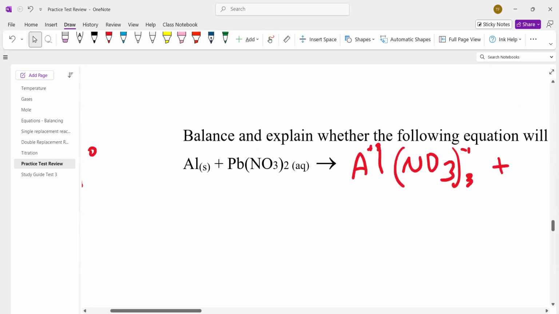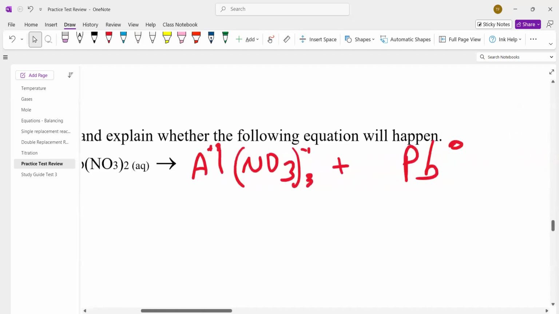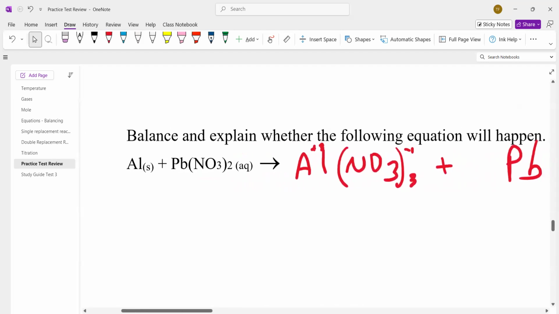Okay, so we have a problem here, don't we? We have 2 nitrates on one side and 3 nitrates on the other. We need to balance this. So we have aluminums, leads, nitrates. On the left, we have 1, 1, 2.